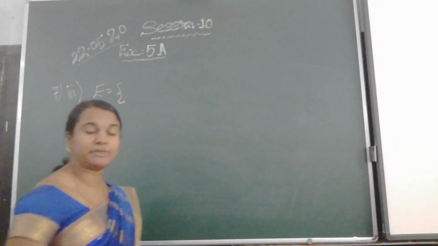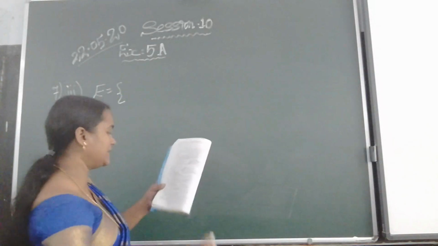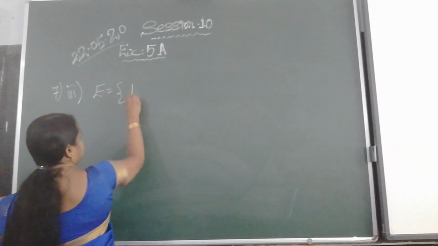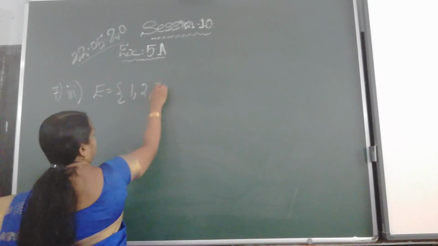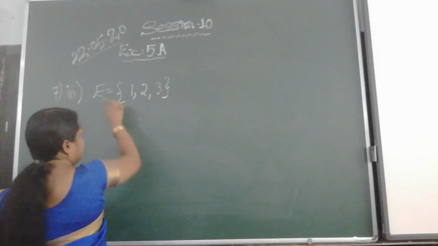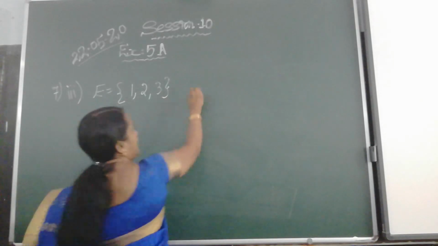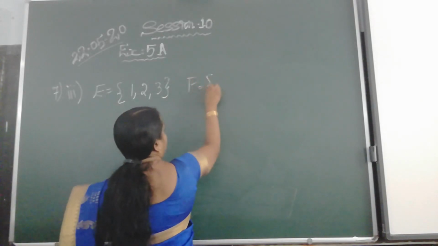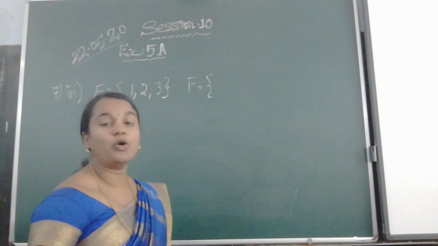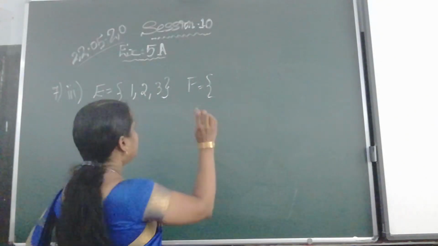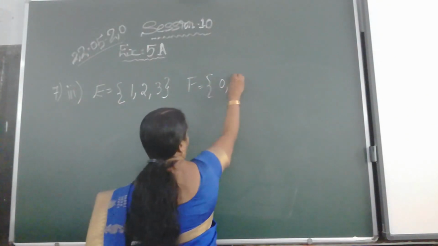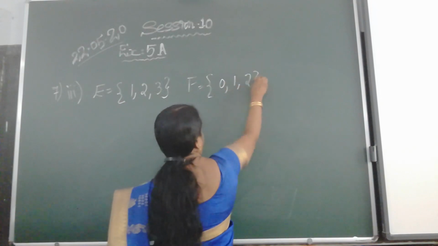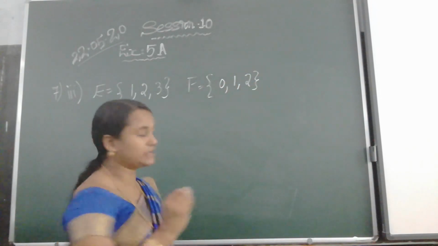The natural number less than 4, it is given less than 4, means natural numbers start from 1, 2, 3 only we have to write. E and F it is given, no? F it is given x such that x is a whole number less than 3. Less than 3 means 0, 1 and 2. 3 we won't write because equal sign is not given, only less than.